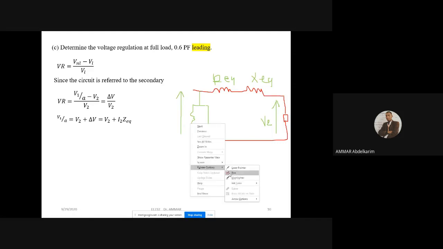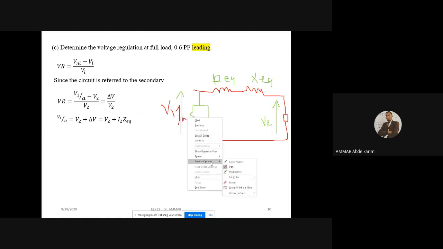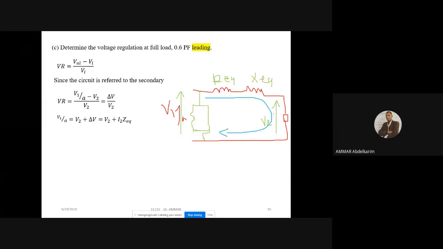Now, if we do mesh analysis, we see that V1 over A, the primary voltage referred to the secondary, equals V2 plus the voltage drop. The voltage drop is I multiplied by Z equivalent.